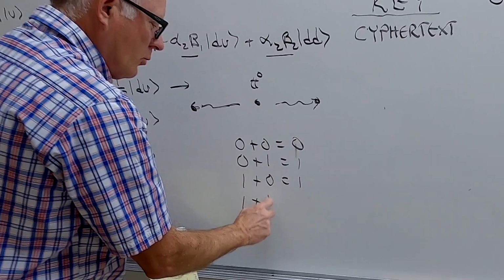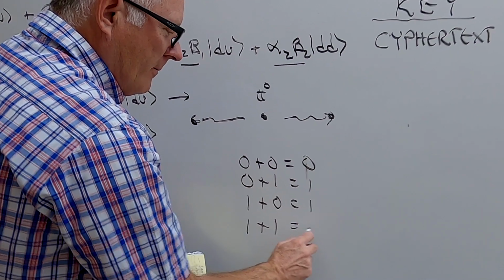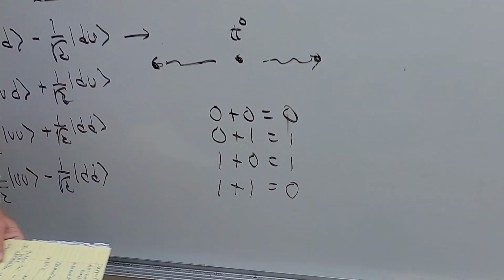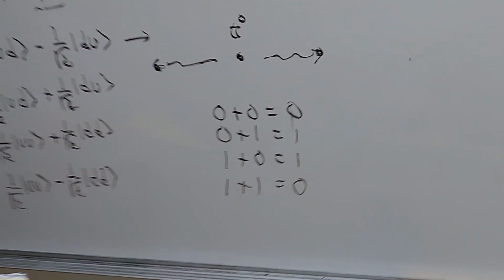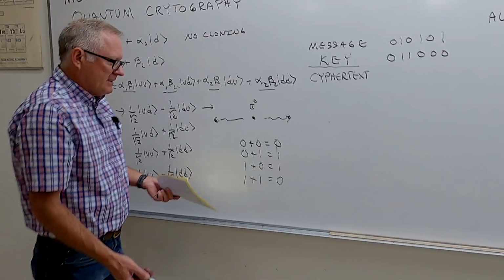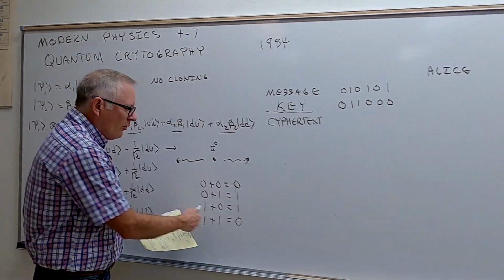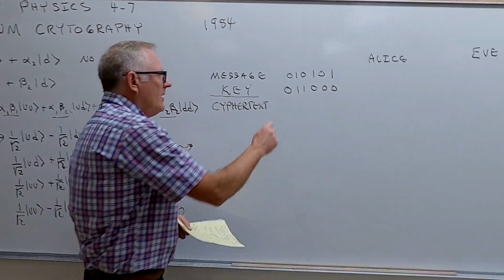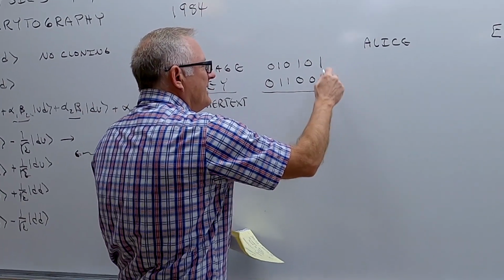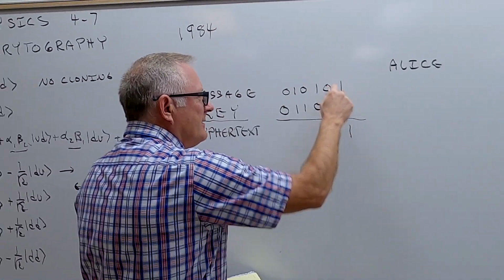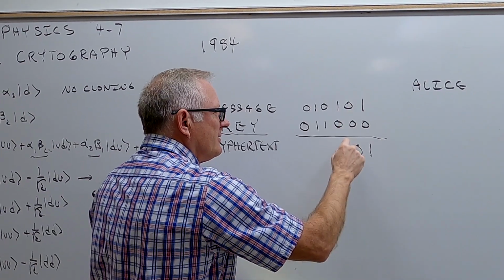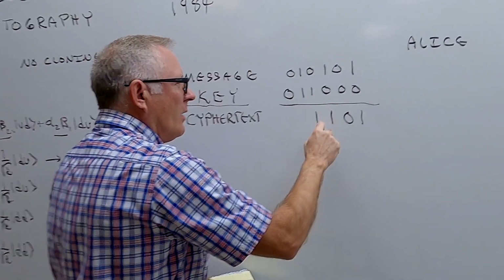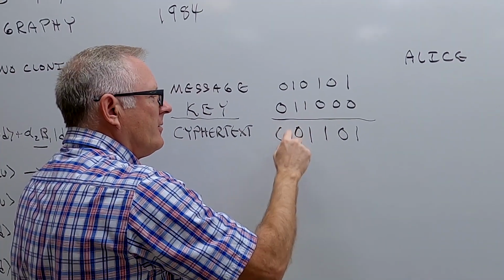And 1 plus 1, we're going to make that back to a 0 again. That's the way we're going to sum these up, no carries or anything. So if we add these up, 1 and 0 is a 1, 0 and 0 is a 0, 1 and 0 is a 1, 1, 0, 0.